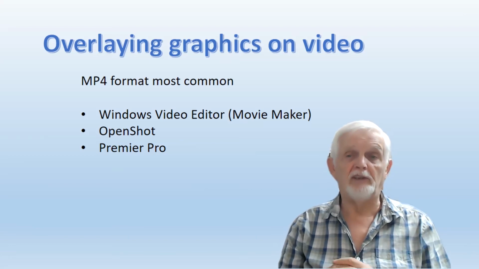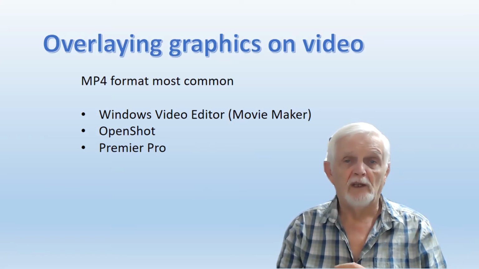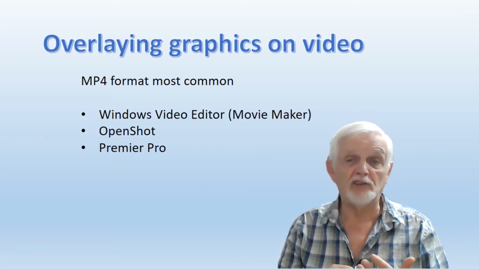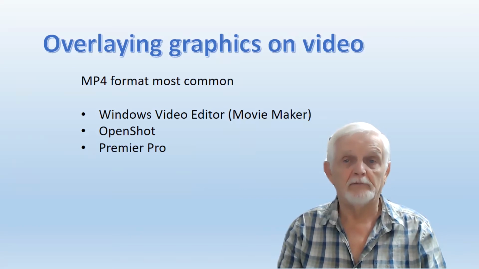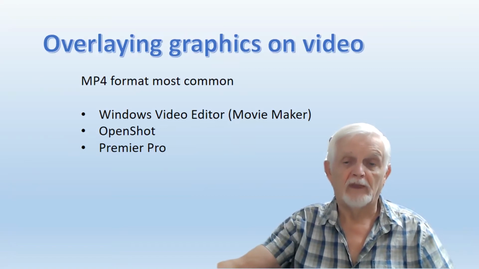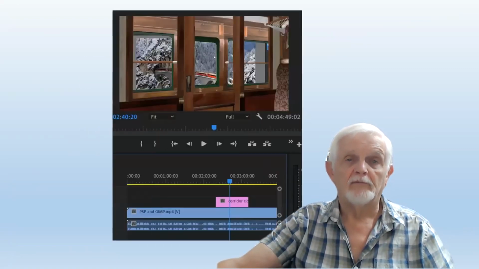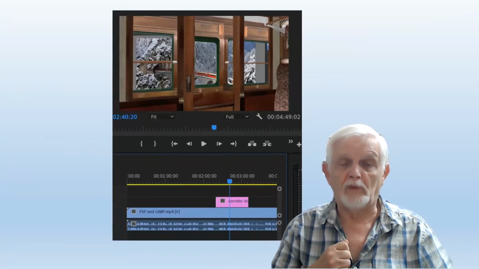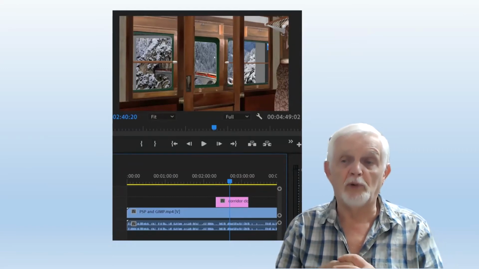I've shown three different editors you can use. There's a Windows video editor, or an early version of Windows that's called Movie Maker, OpenShot, and Premiere Pro. This shows the Premiere Pro.